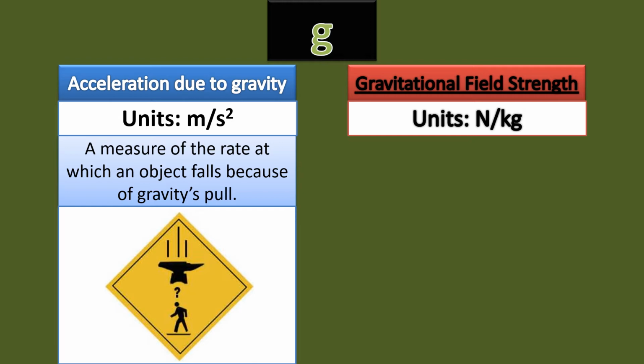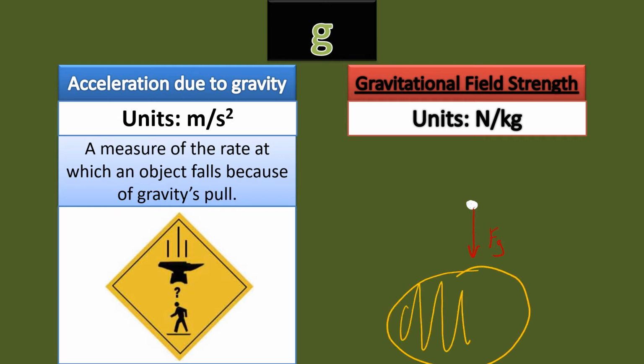So basically, if you have an object, then you have the force due to gravity acting on that object. Well, you're in Earth's gravitational field. Here's Earth. It's orange for some reason. Maybe it's Mars. There is a gravitational field around that object.